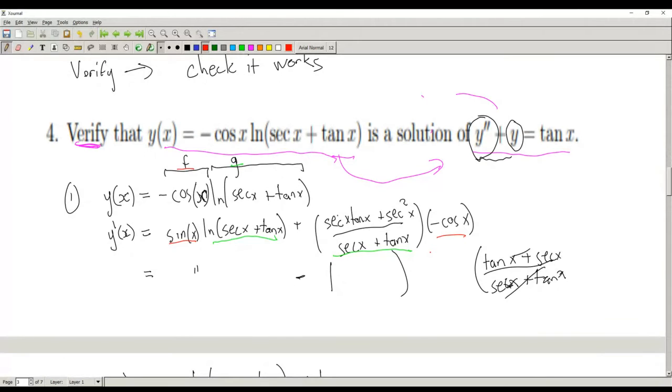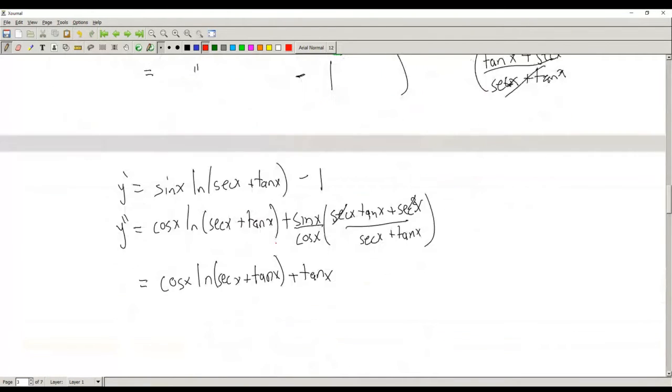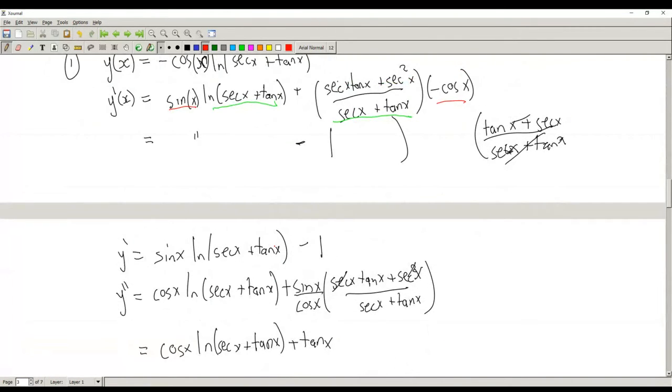After you finish explaining this, I want to ask a question on the second slide. Sure, let me scroll down. So let's say you had y prime is equal to sine x ln of sec x plus tan x minus 1.